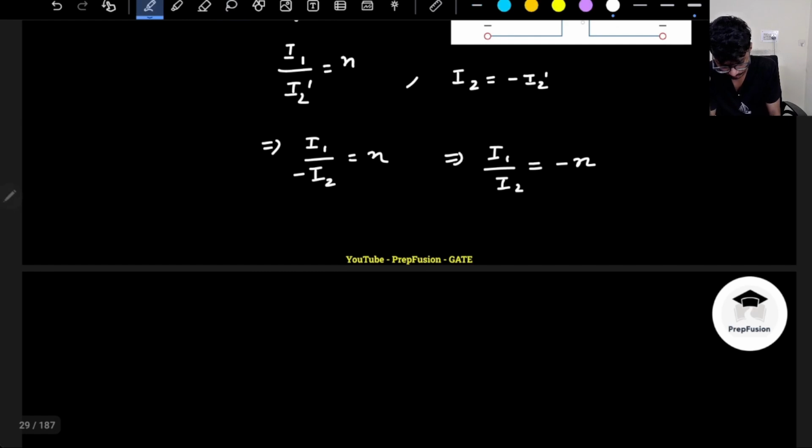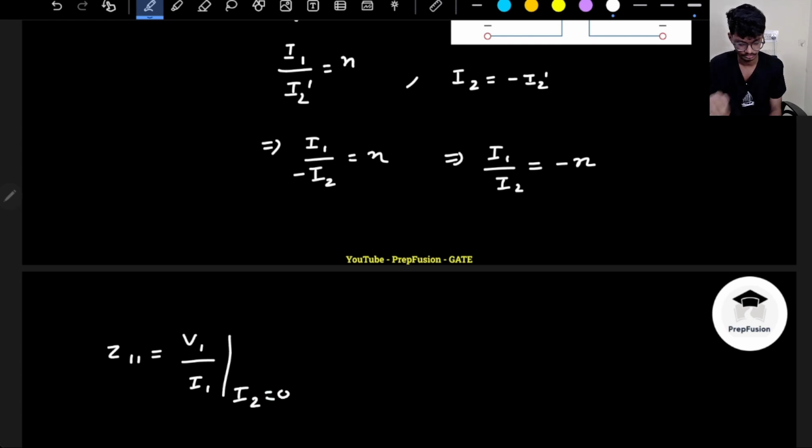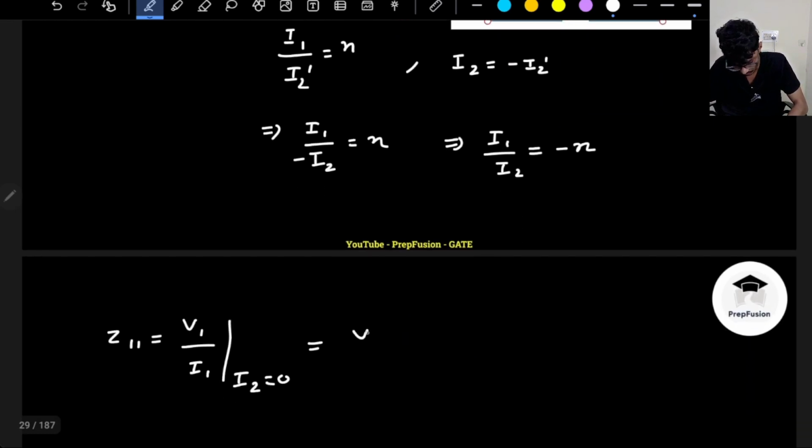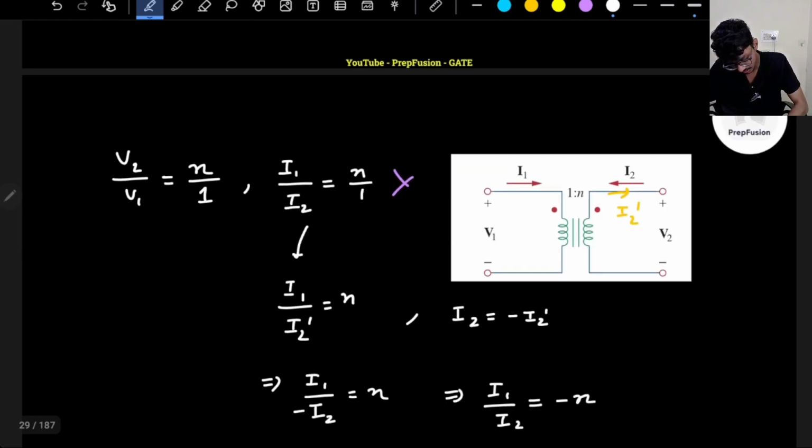So now let's find the z parameters. So what is z11? Z11 is V1 by I1 when I2 equals 0. So V1 is V1 only. And what is I1?